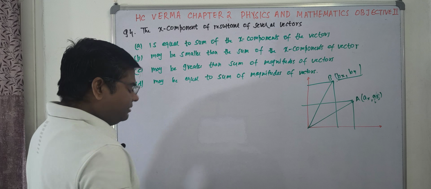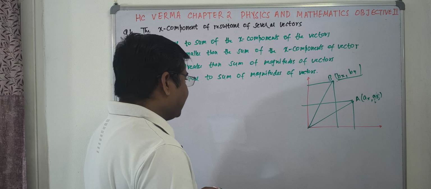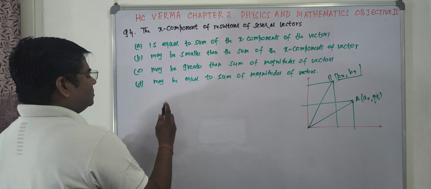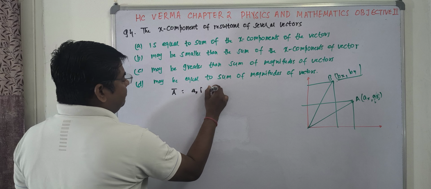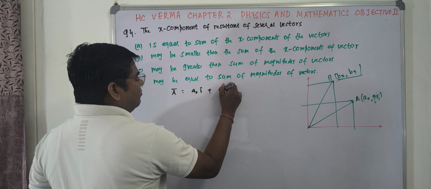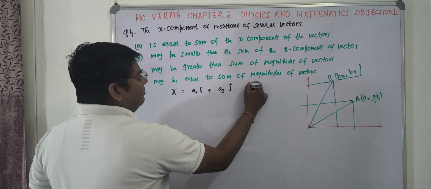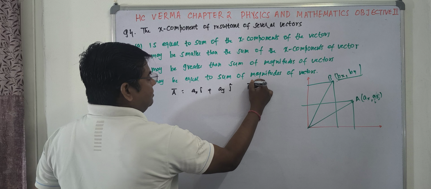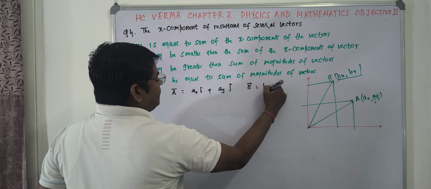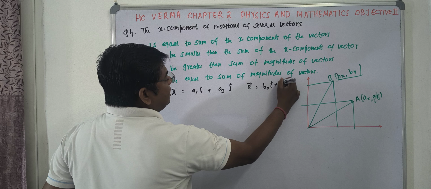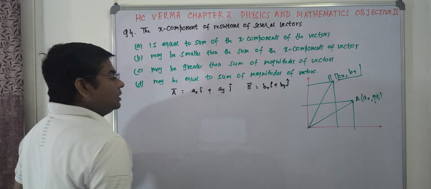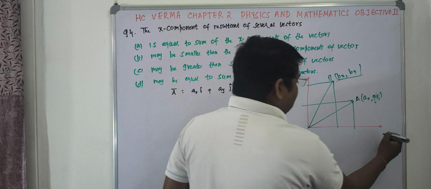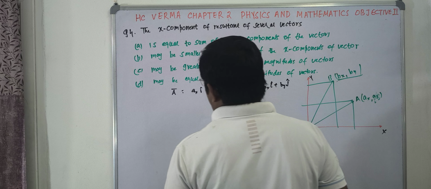Okay, so we can write vector a as ax i plus ay j, and vector b is equal to bx i plus by j, in terms of unit vectors along the x-axis and along the y-axis.